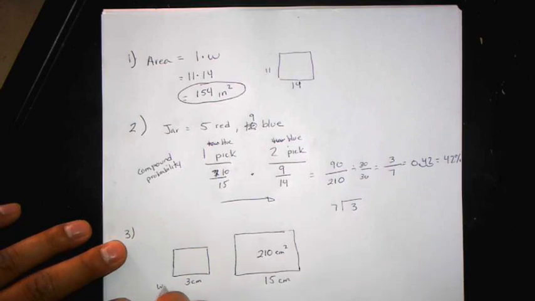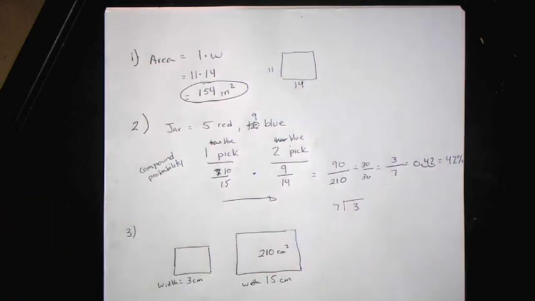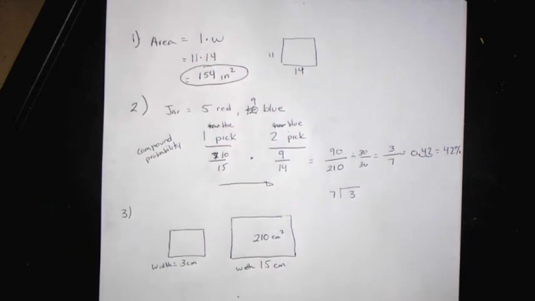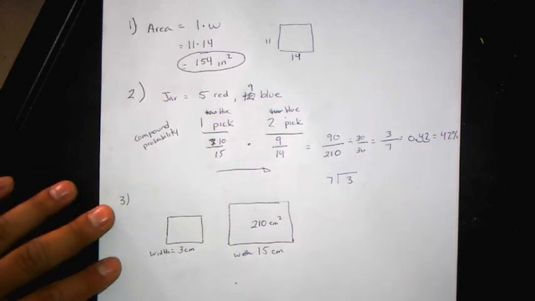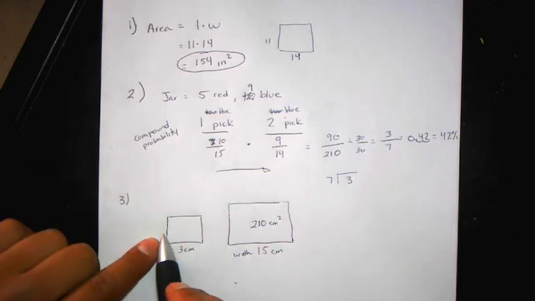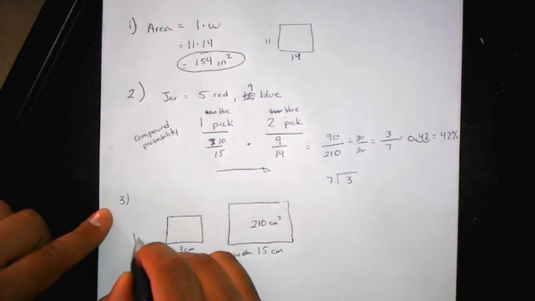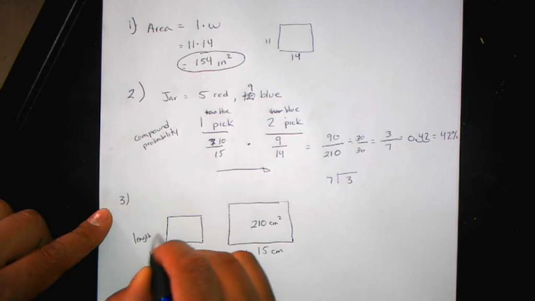Okay, so here's my width on both. Now, this problem is tricky only because there's a step that you gotta do before you can solve for the missing length on the small rectangle, which is what the question is asking.